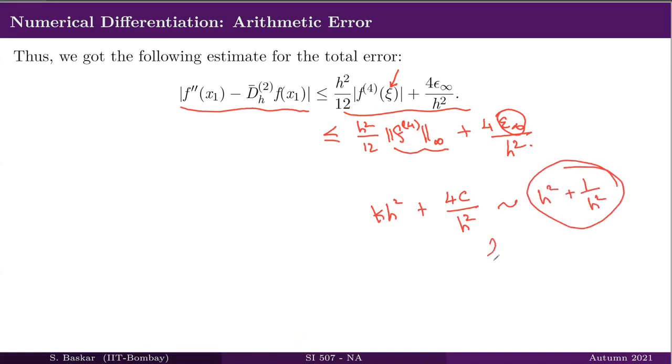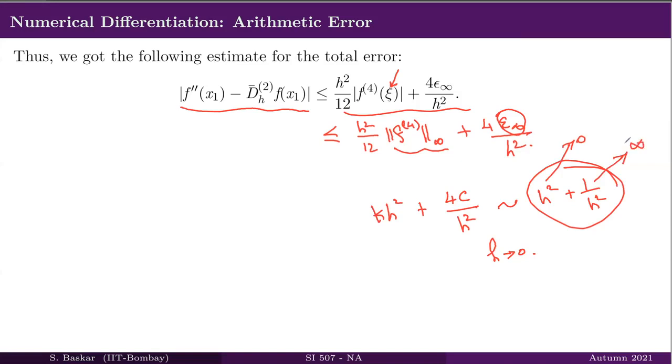So when you take h tending to 0, you can see that the first term, which comes from the mathematical error, is tending to 0. And the second term, which is coming from the arithmetic error, is actually going to infinity.